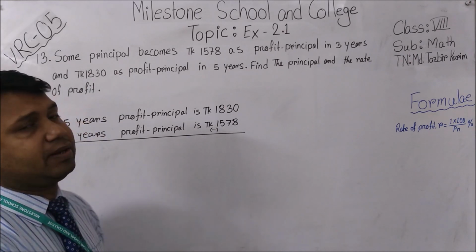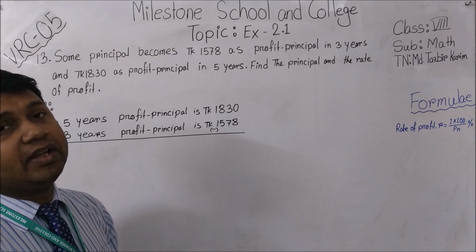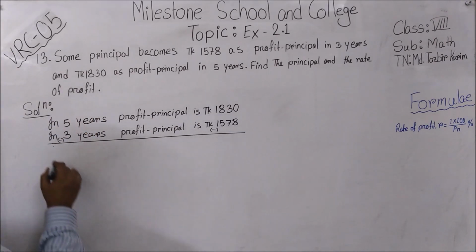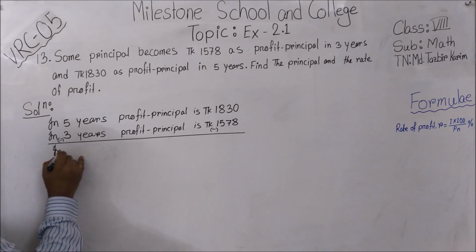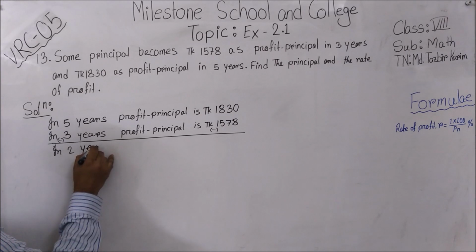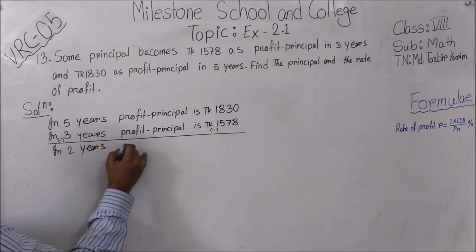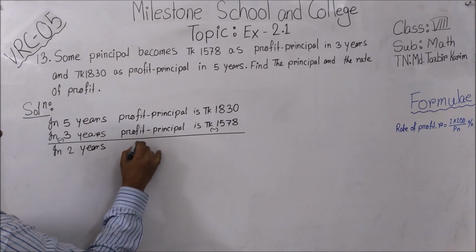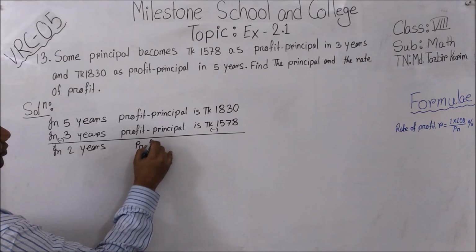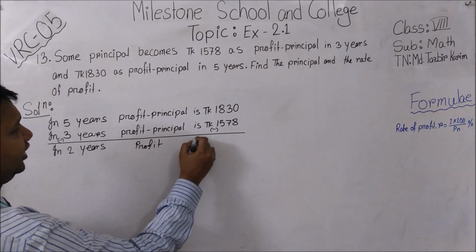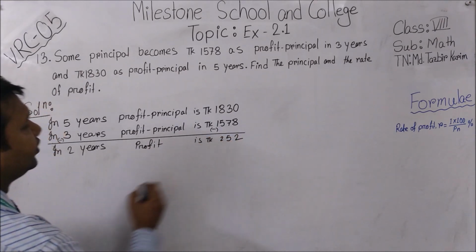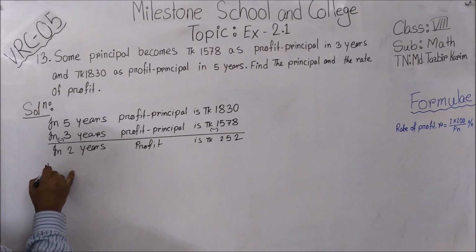So when we subtract, the principal will be subtracted out. So if we write, in 2 years profit is taka 252.